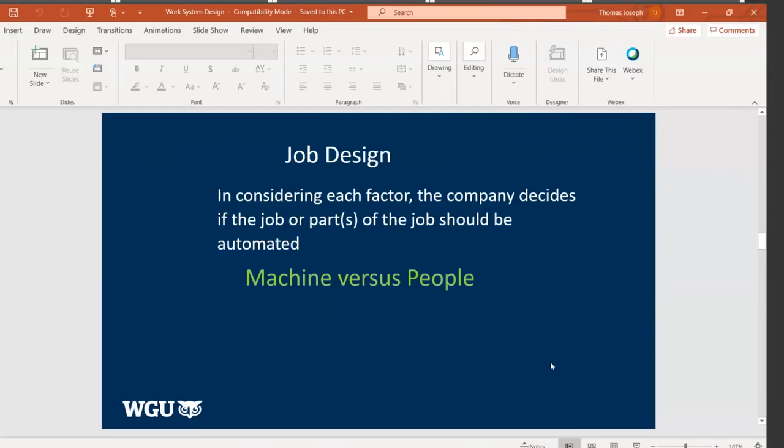All right. So, for example, if an organization creates a position and it says, all right, can we use people to do this instead of machines? Can we automate this? Like a lot of us call customer service, and then we go through an automated system.